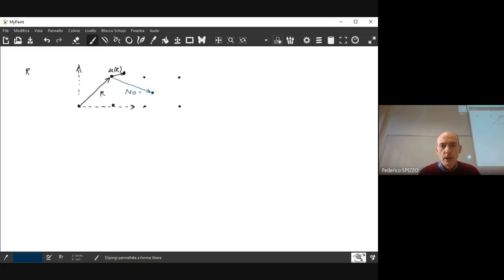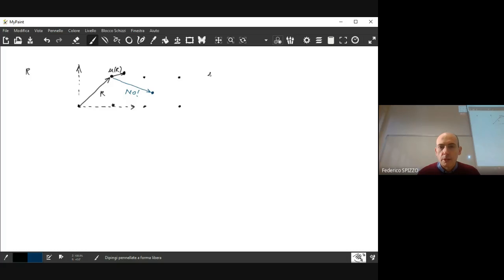This will not be observed because otherwise the deviation from equilibrium of the ion that is found in position R would be close to the position of this other ion, for instance, whose initial position is not described by R. So the general idea is that we have just a small deviation, and this deviation has as an index exactly the vector that identifies this ion with respect to all the other ions.